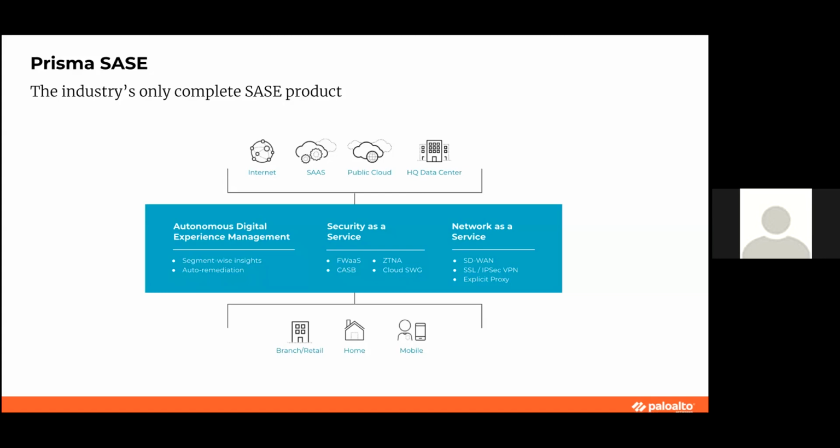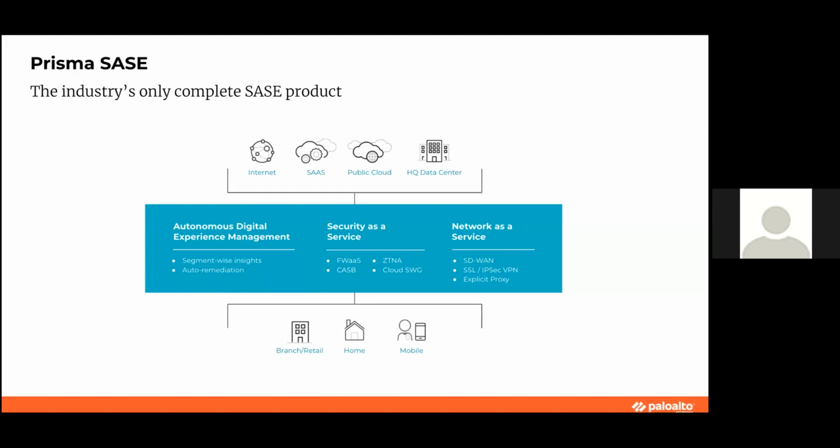And the transformation is a cloud and digital initiative, which is driving organizations to invest more in SaaS and other public cloud services. Branch transformation is well underway, driven by this new hybrid work model and digital transformation initiative.